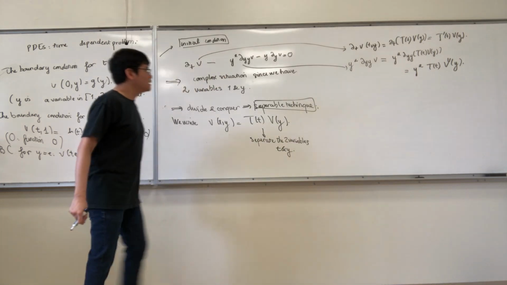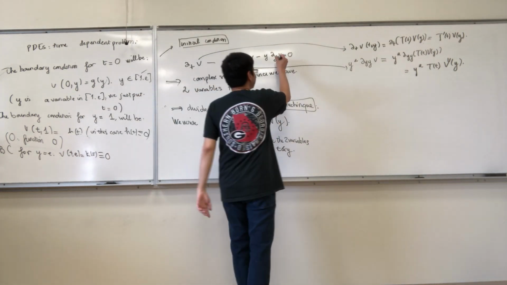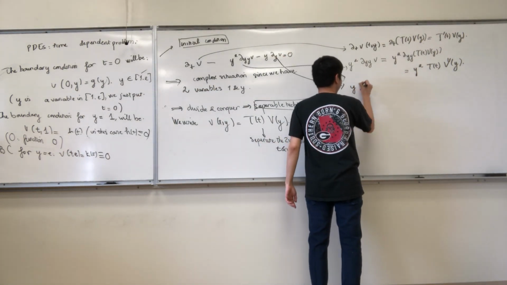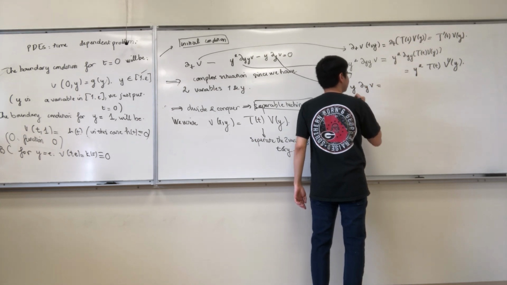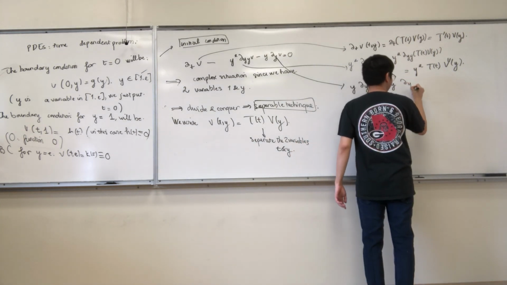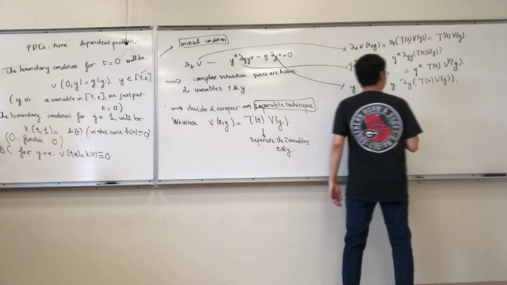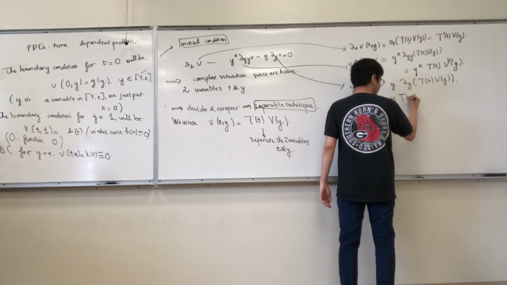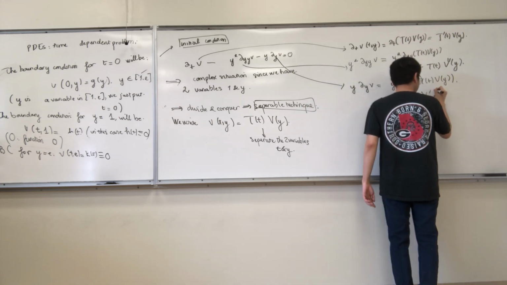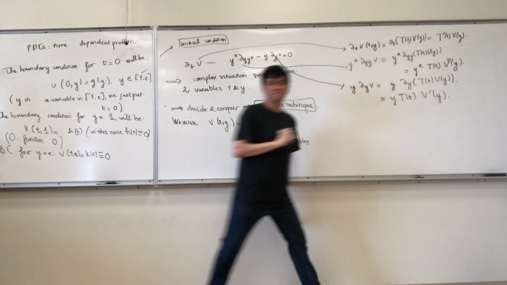Now I compute the last term: y dy of v gives me y T(t) V prime of y.